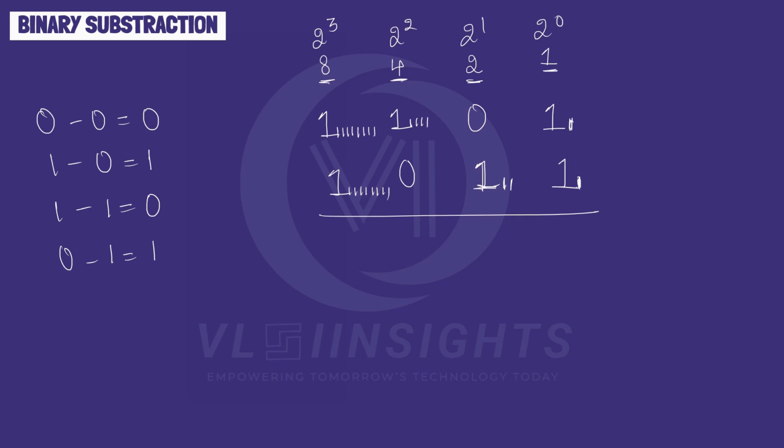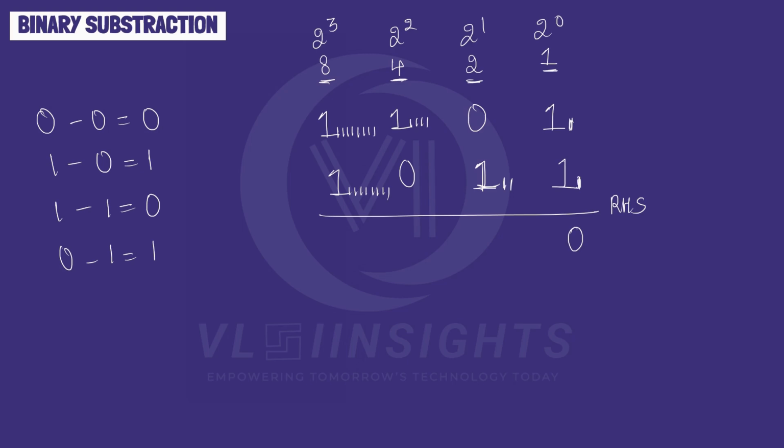Now let me start the binary subtraction from the right-hand side. 1 minus 1 is equal to 0. In the second column I have 0 minus 1. Actually I cannot deduct 1 from 0. So what I can do is look for 1 in the next column.